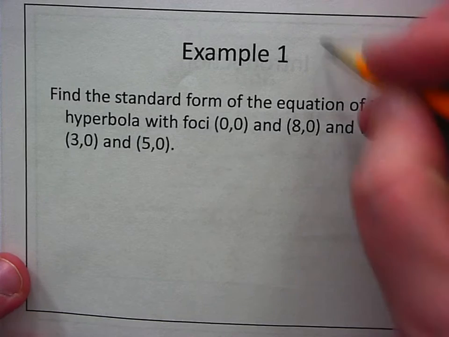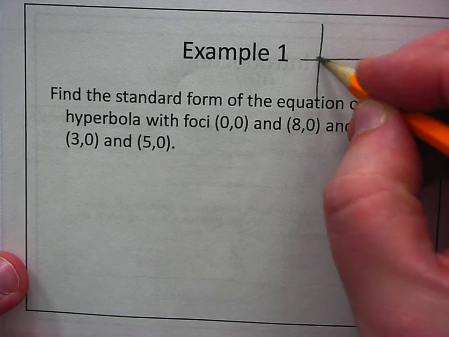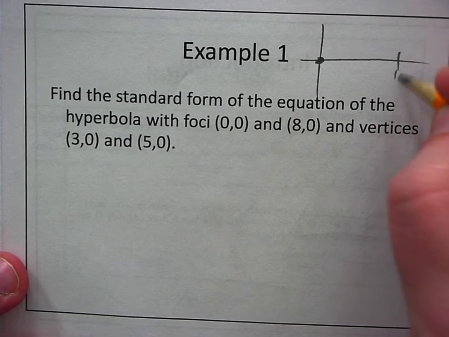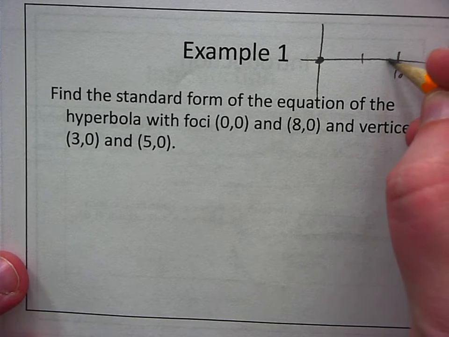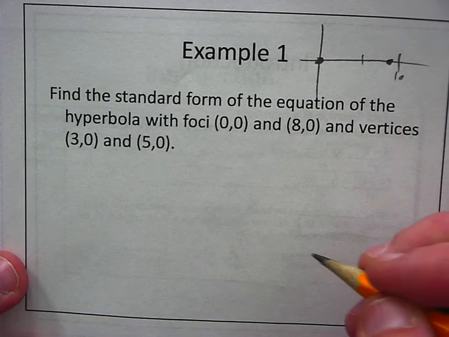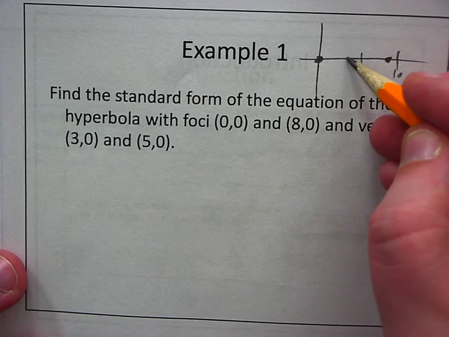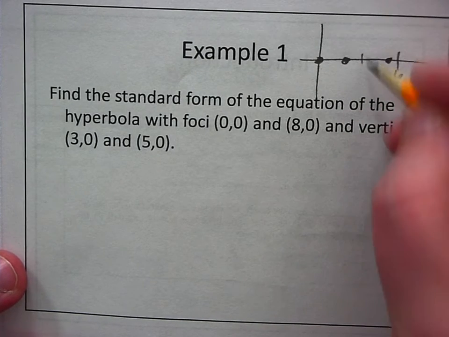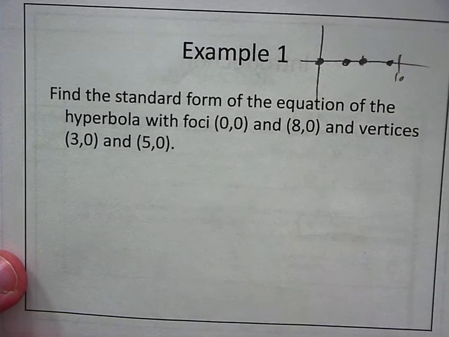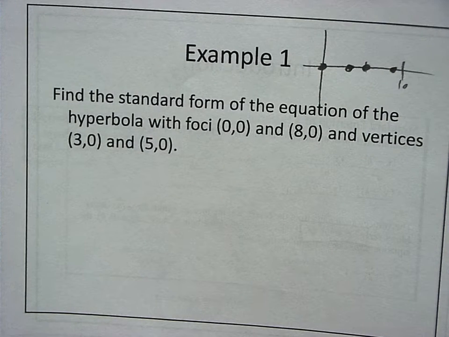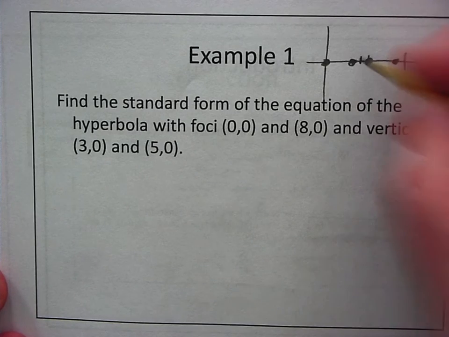Graph it. (0, 0) and I call that 10. (8, 0) would be there. (3, 0). And (5, 0). So what does that tell me? (4, 0). Halfway between each pair of those things is your center.